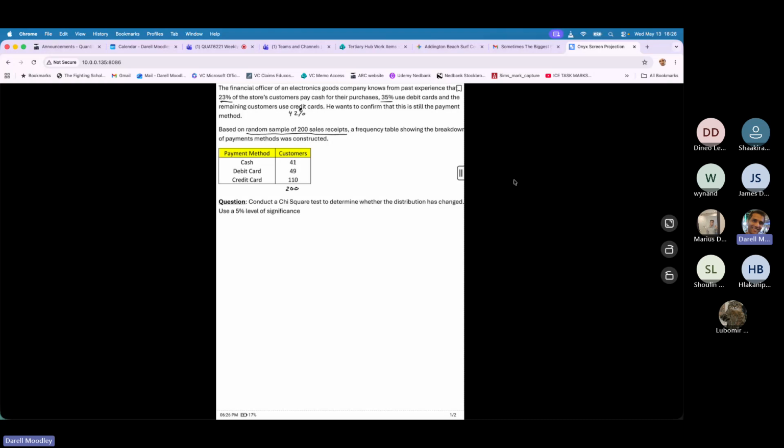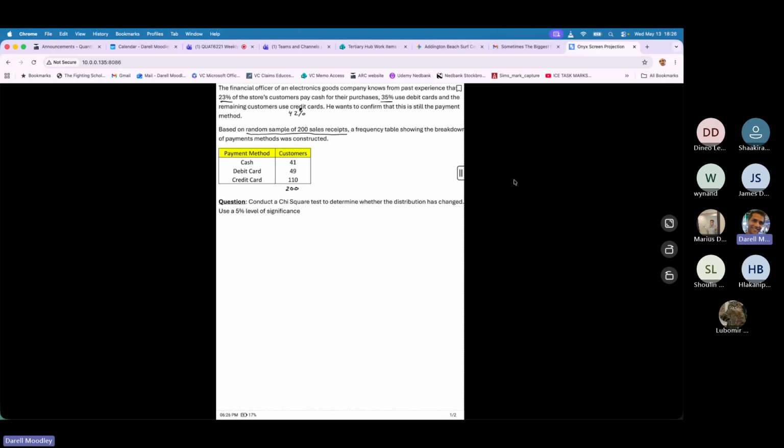Should you offer a different product? Should you put more of your weighting, energy and finances towards one product versus a product that's not doing too well? A chi-square test tells you whether the distribution has changed or not. If it hasn't, you can continue doing things the way you were. If it has changed, it guides you on how to change your strategy.